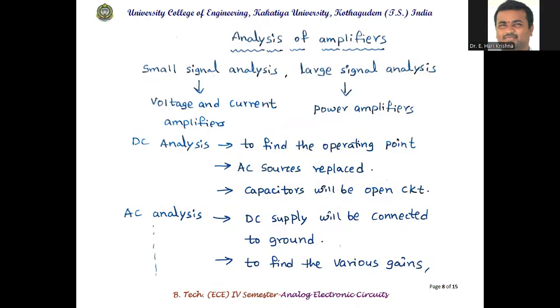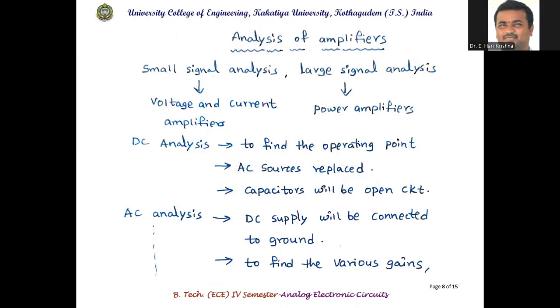DC analysis is to find the operating point. We have seen this in electronic devices and circuits. The transistor should be operated in the active region, that is, the BJT should be operated in the active region to amplify the input signal. So we'll see in which region the transistor is operating.